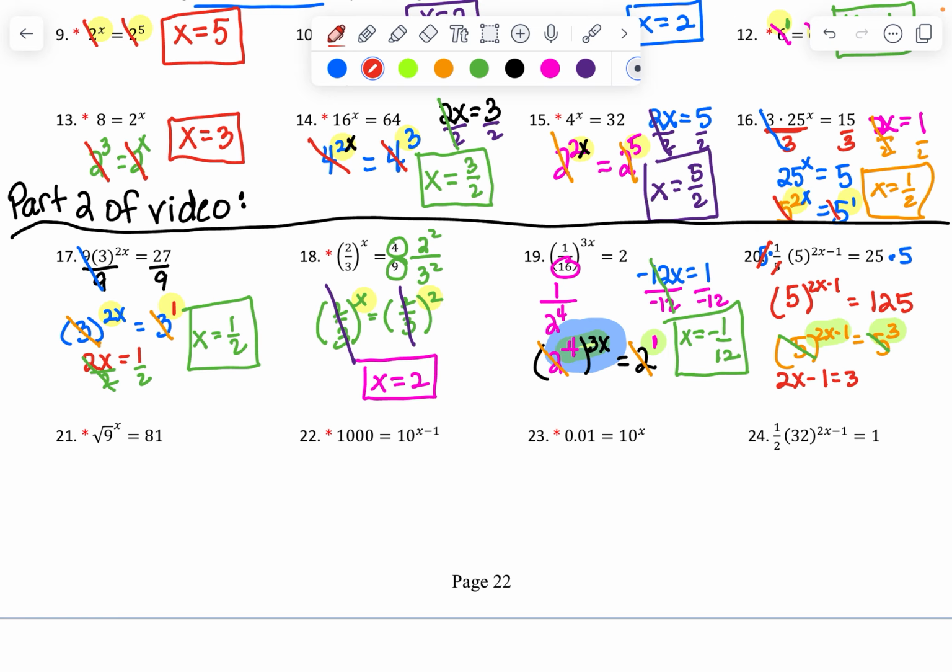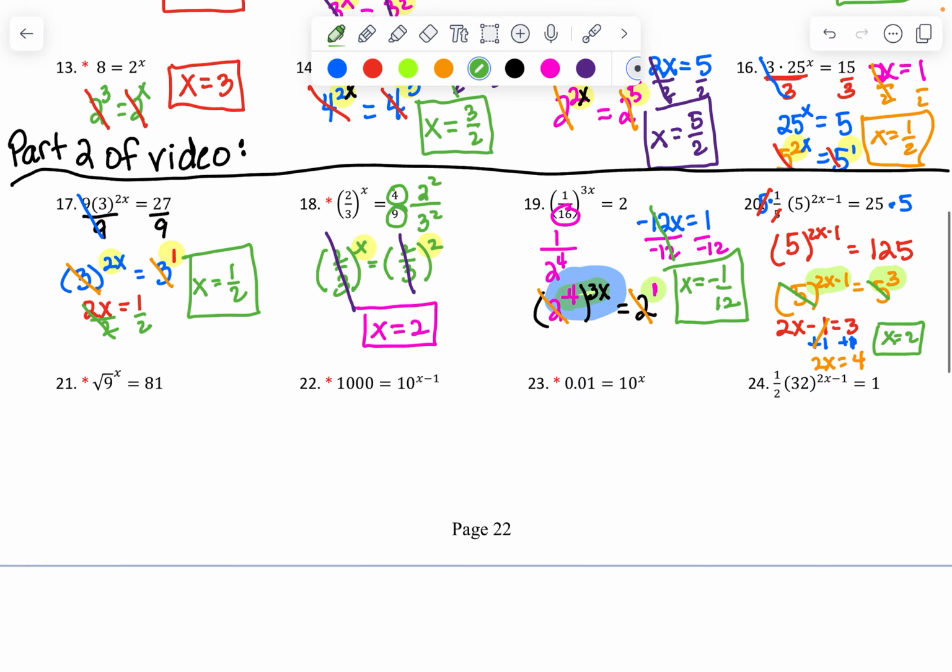So I'm able to get my common base already, which is marking out those 9's, and then what's left is 1/2 x equals 2. Let's multiply both sides by 2. These 2's cancel, and there's your x by itself. And 2 times 2 is 4.